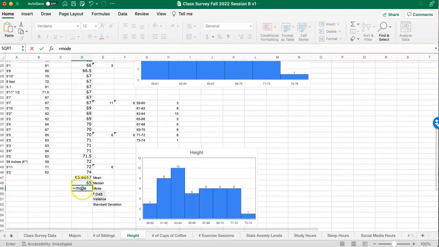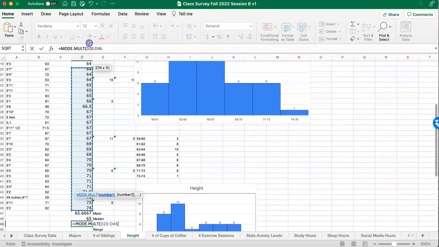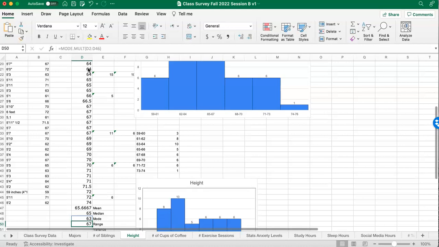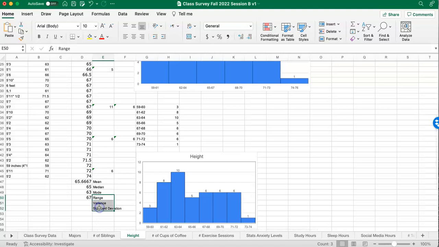Okay, so we're going to use multiple and highlight these. Let's see if it gives us 63 and 67. So I'm going to move these down. It looks like the mode is 63 and 67. If we were to just look at the mean and the median, it doesn't look skewed. But when we look at the mode, then we can see that it looks like there is a skew here.